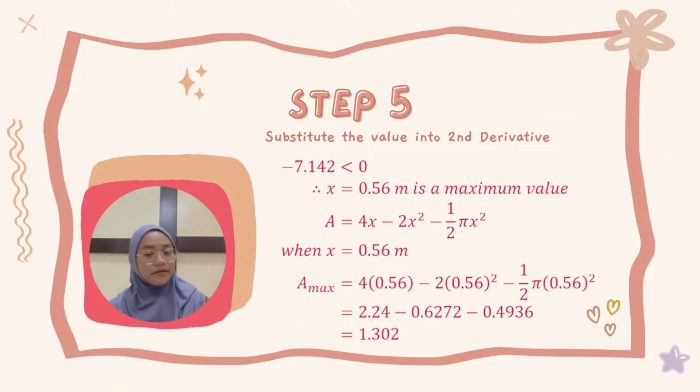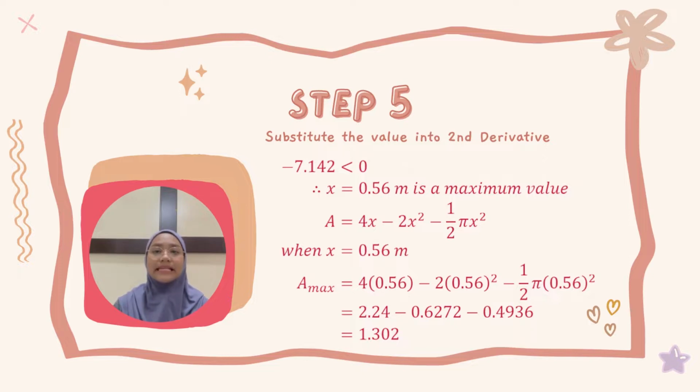For step 5, the last one, we substitute the value into the second derivative, and we find that negative 7.142 is less than 0. Therefore, we can conclude that x equal to 0.56 meter is a maximum value of the area of 4x minus 2x square minus 1 over 2 pi x square.